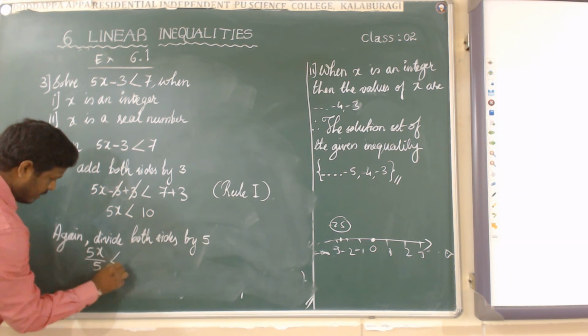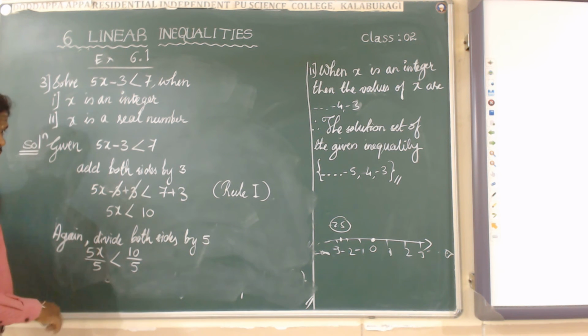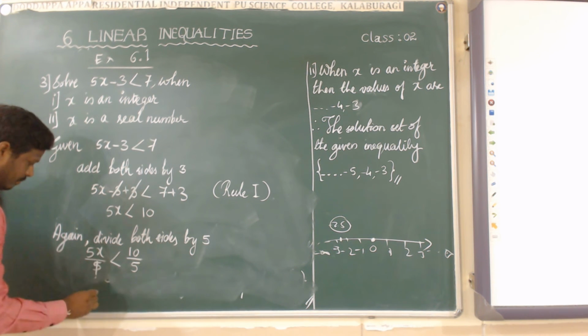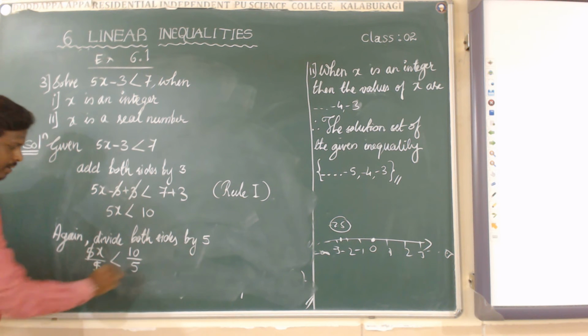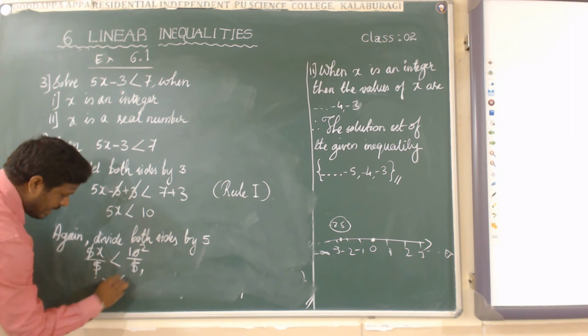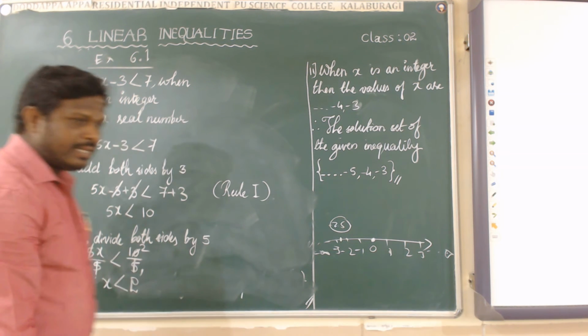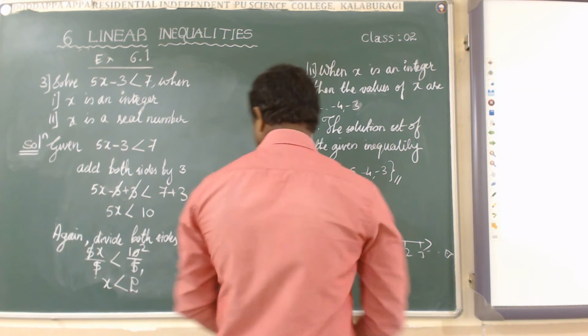So you write this as usual, 10 by 5. Simplify this one: 5 by 5 is 1, and 10 by 5 is 2. So x is less than 2 will come. Okay.